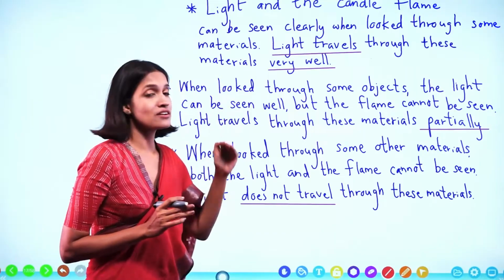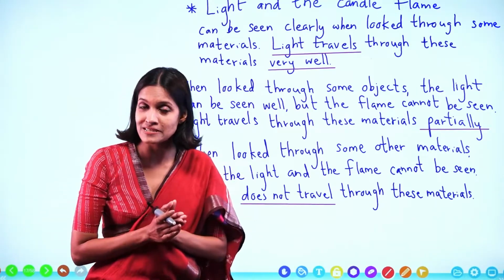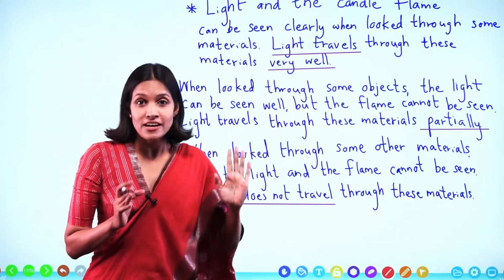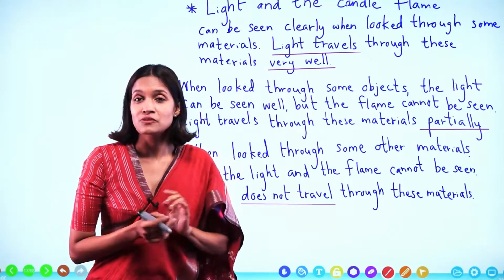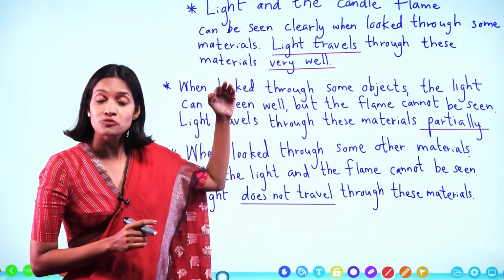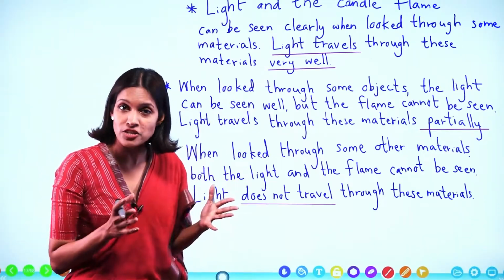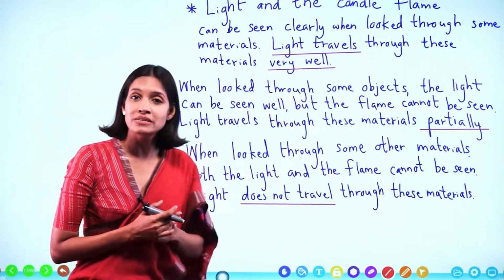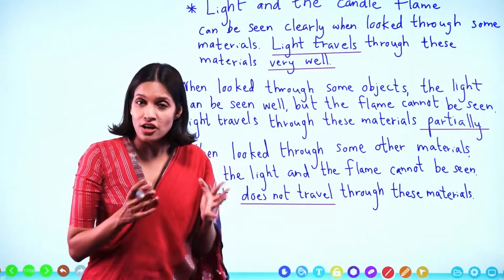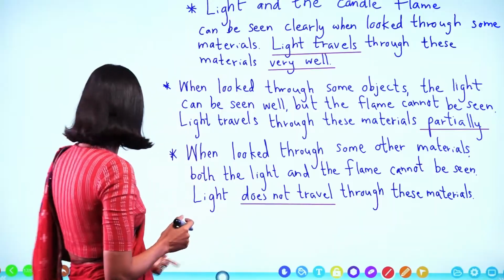So based on the transmission of light, based on the way the light travels through materials, now you know there are three types of materials. What are they? The materials where the light passes through very well, the materials where the light passes only partially, and the third type of materials, light does not pass through these materials at all. Right? So we'll go to the next.